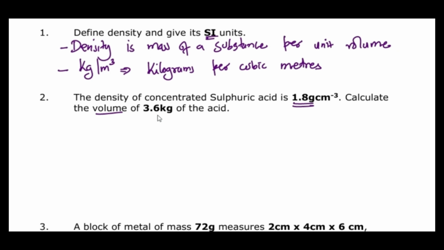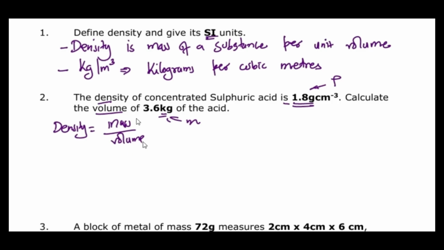Then you have this example. You're told that the density of a concentrated sulfuric acid is that. So you calculate the volume. You identify what you have first. Because of the units, this represents the density, and this represents the mass. So you always write the formula: density is mass over volume.